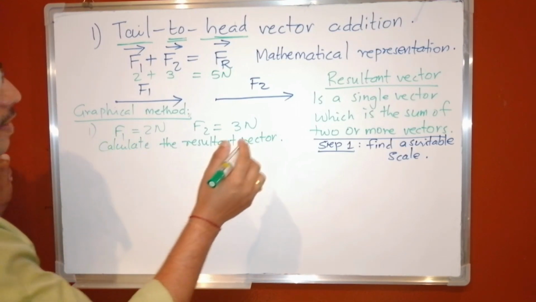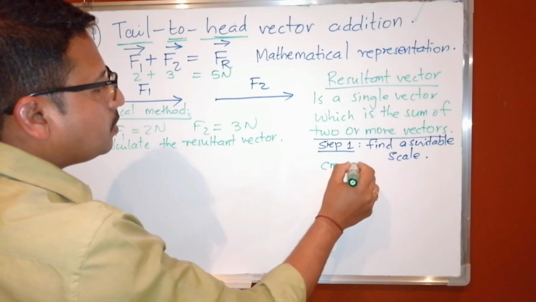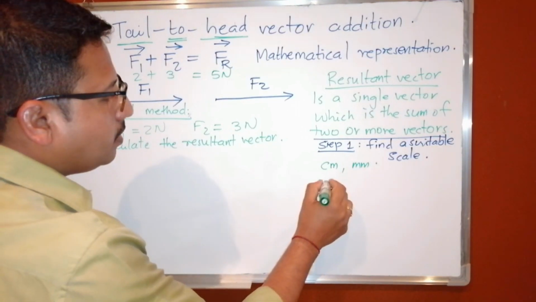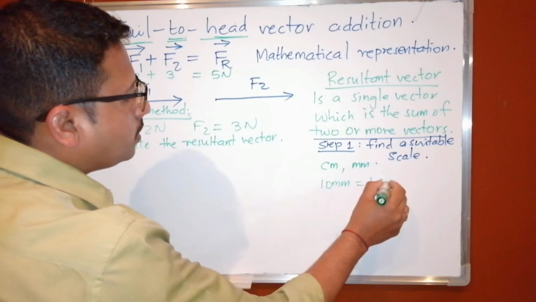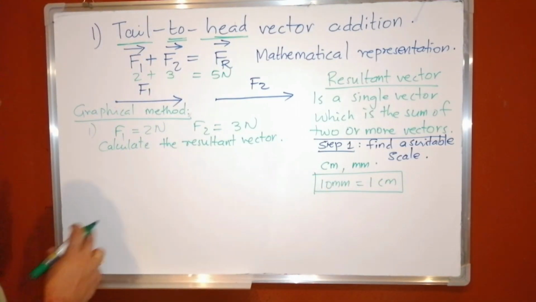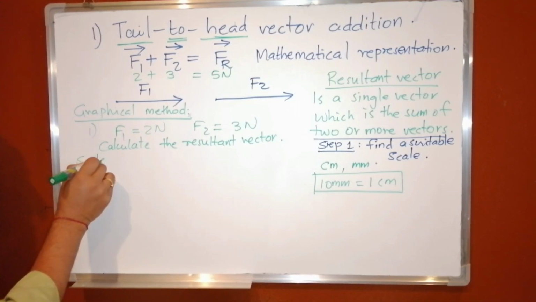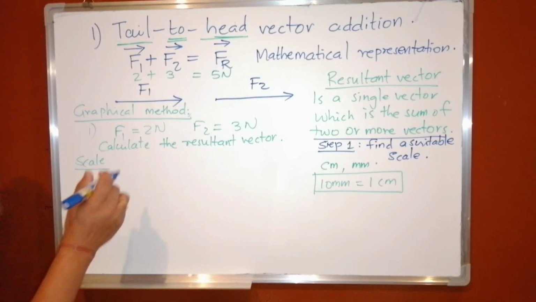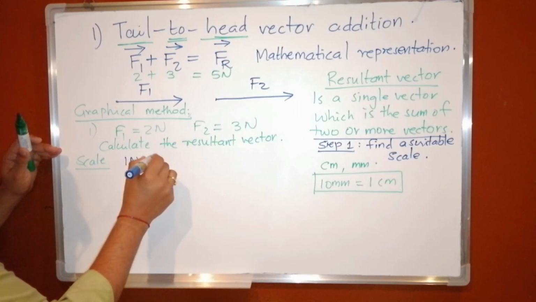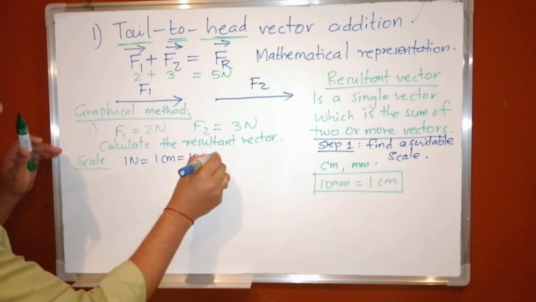The units you will find on a ruler are centimeters or millimeters. And we know that 10 millimeters is equal to 1 centimeter. So let me find a suitable scale for this question. The scale I'm going to choose is 1 Newton equals 1 centimeter equals 10 millimeters.